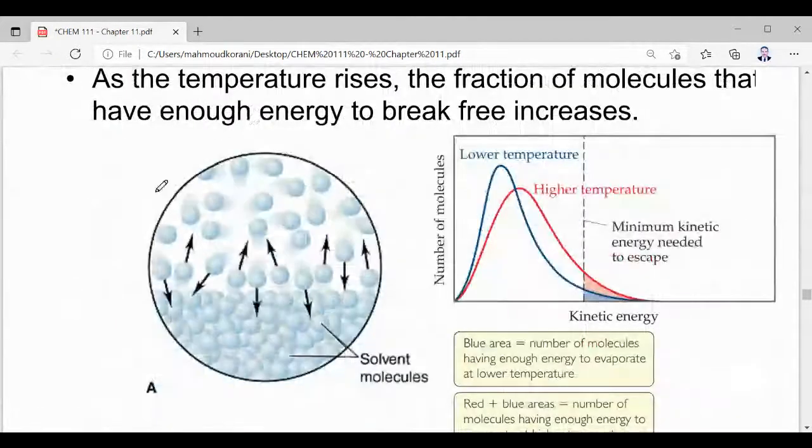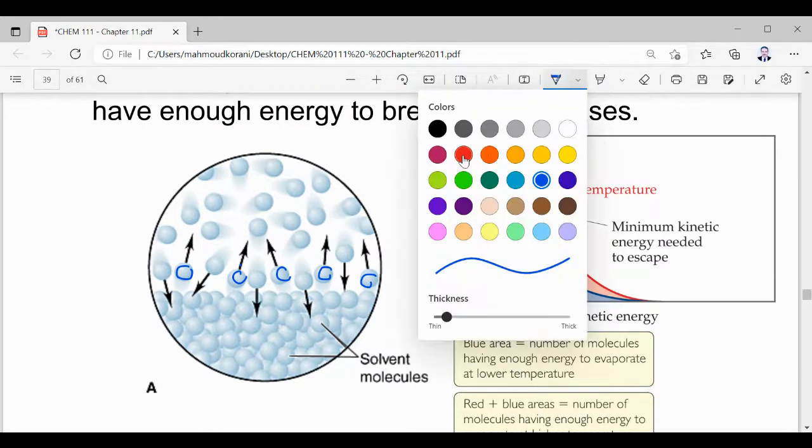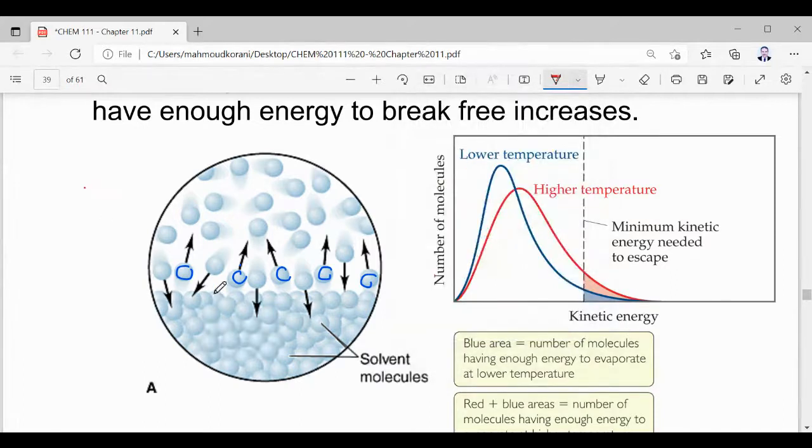This is the figure I already showed you. We have two rates: the rate of vaporization, these molecules, and at the same time you have some molecules which condense, which are these.